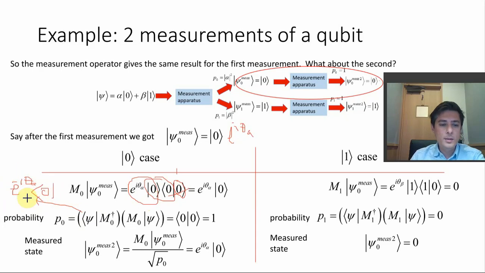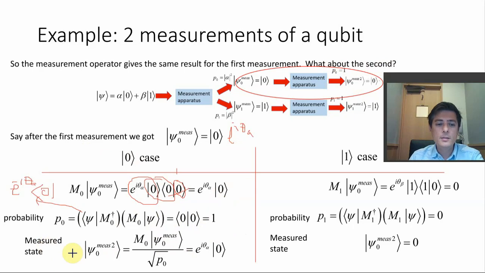So when you multiply this part by this part, then actually these e to the i thetas all cancel, and you just get 0 inner product 0, and that's 1. Right? So with probability 1, you get this outcome 0.